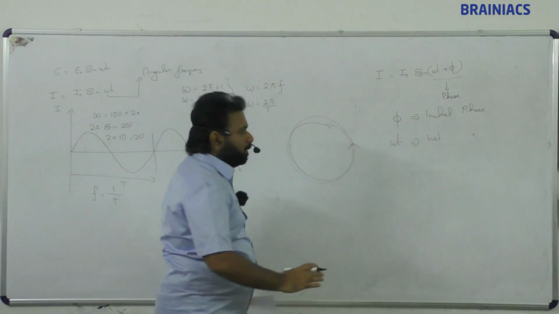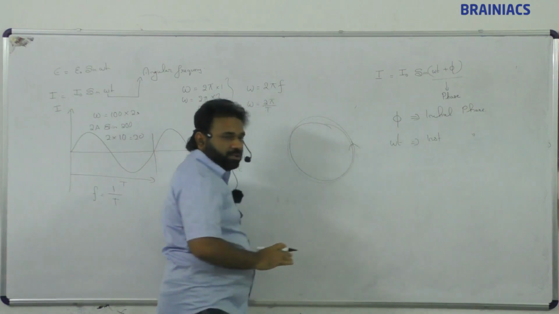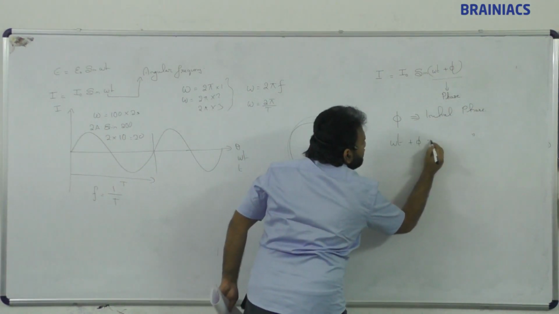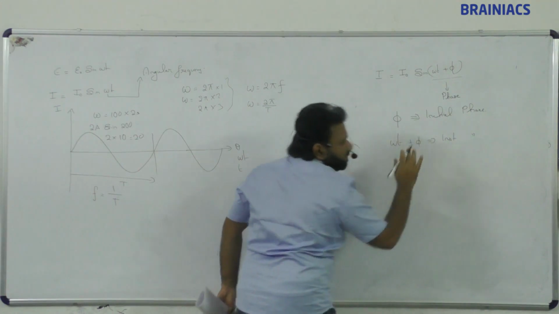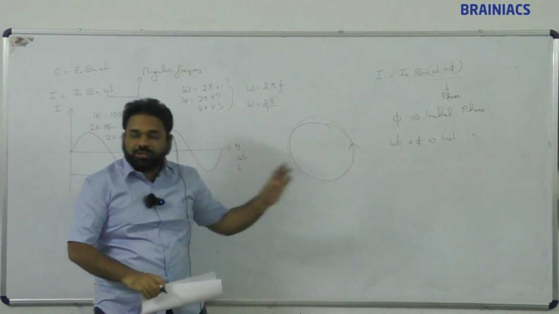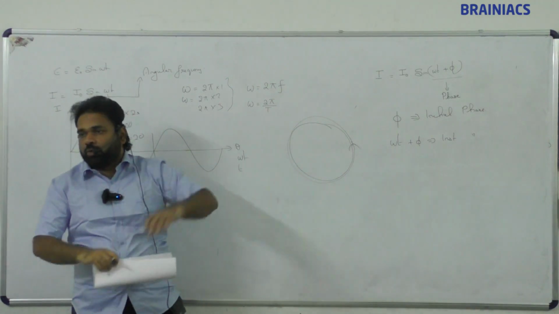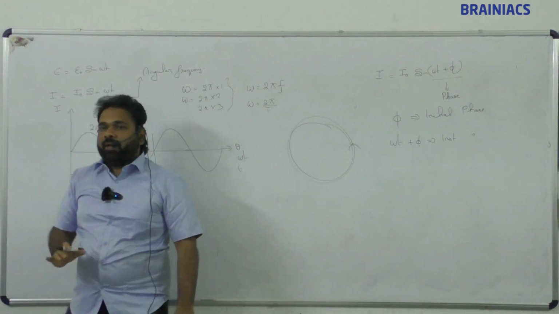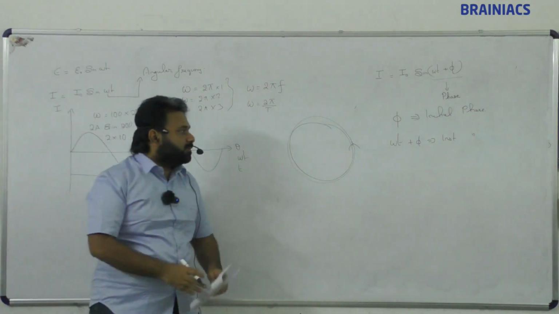Clear? So phi is the initial phase, omega t plus phi, putting the entire thing together, is the phase actually. This full expression is phase. So omega t plus phi is the instantaneous phase.